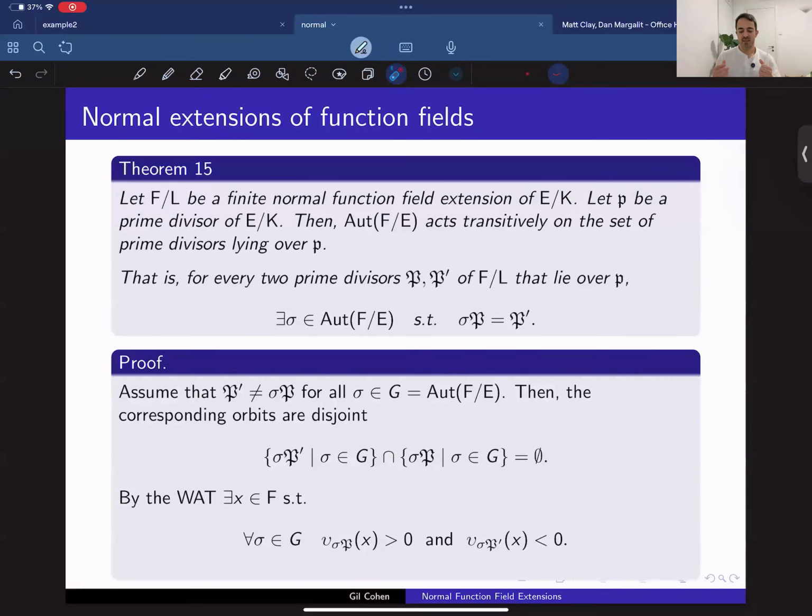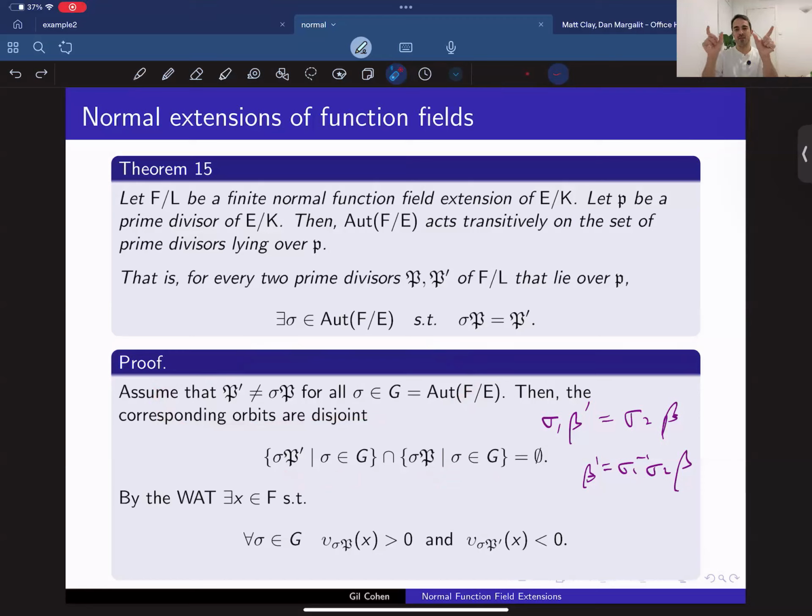Then if you think about it, it means that the orbits of capital P prime and capital P are disjoint. Because if they weren't disjoint, then you would have sigma 1 P prime equals sigma 2 P, and therefore you could have written P prime as sigma 1 inverse sigma 2 P. You assumed that you can't do that. Okay, so by this contradicting assumption, we have these two disjoint orbits.